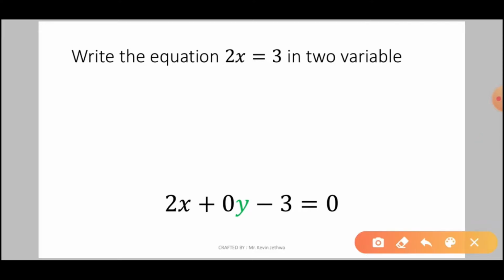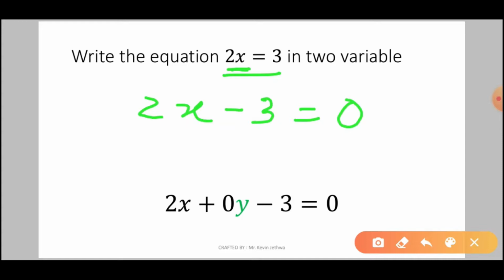Let us take one example. It is given, write the equation in two variables, but we can only see one variable in this equation, and that is x. So how will we write it in two variables? We will simply take 3 to the left hand side, so 2x minus 3 equal to 0.